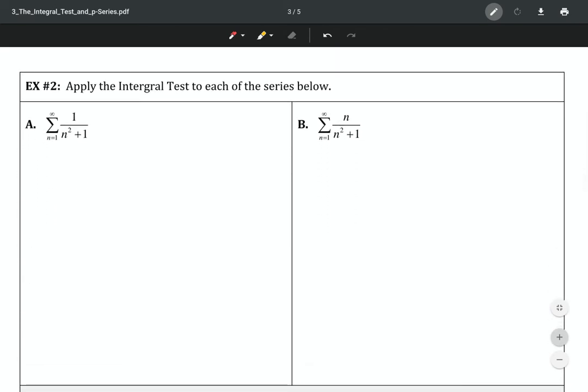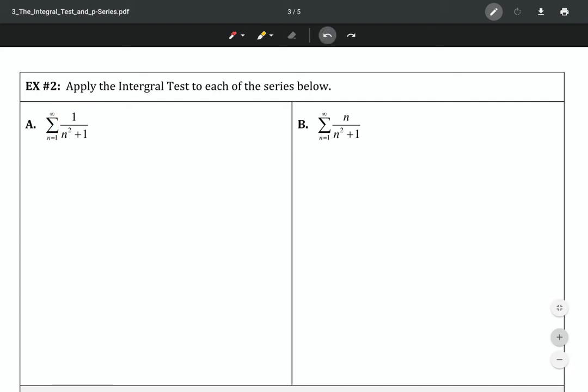So for example number 2 on here, we first got to make sure that it's continuous, positive, and decreasing, which it all is. At worst, if you couldn't figure that out and you didn't have a calculator, you were taking a test, then you can take the derivative of this sequence right here and figure out if that's positive or negative.